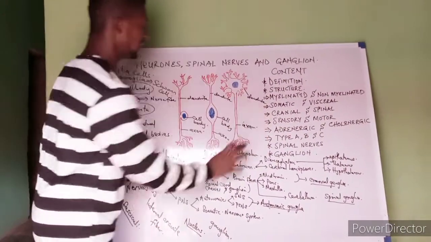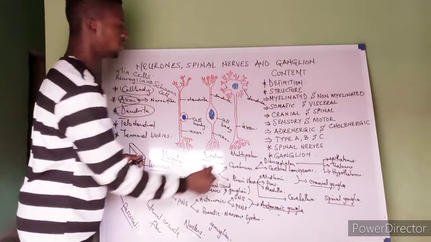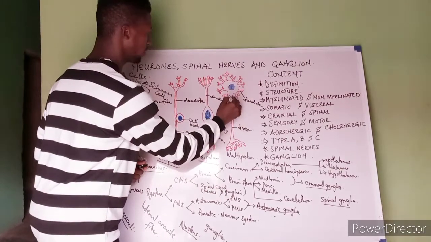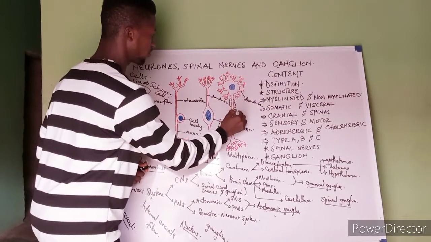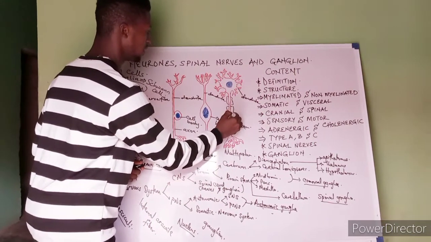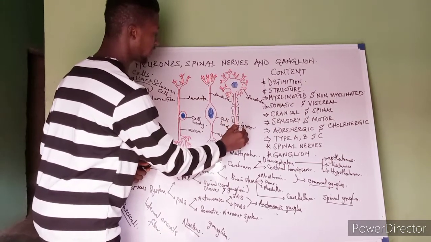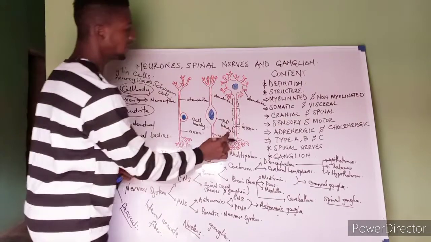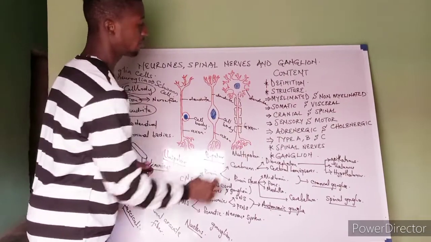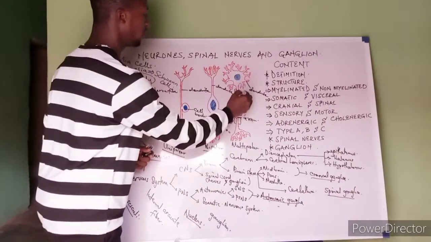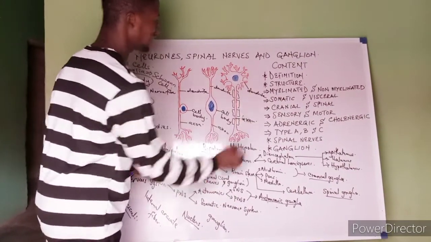Okay, we have myelinated. Assuming I have something like this here, these are fats, formed from fat anyway, and this portion that I've made out here, we can refer to as the Schwann cells.